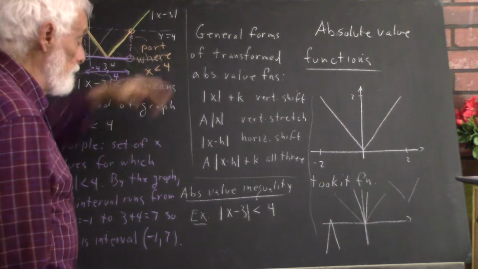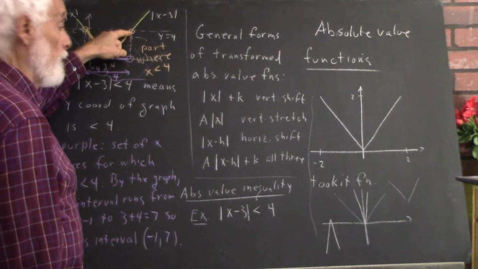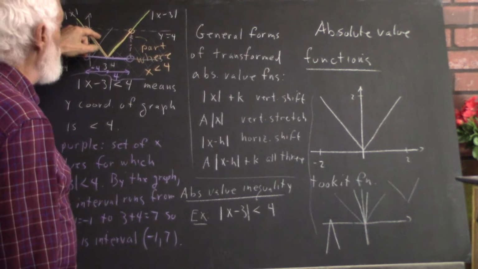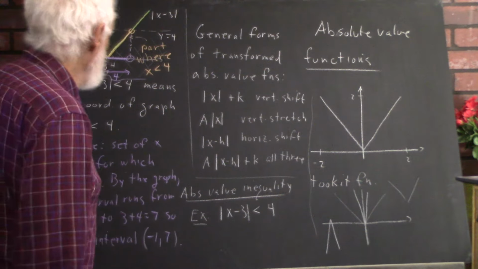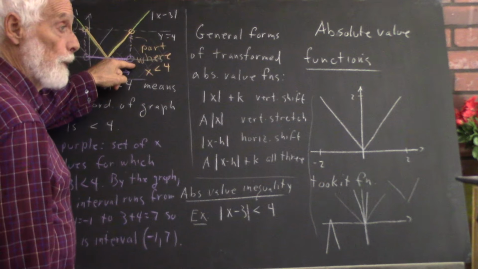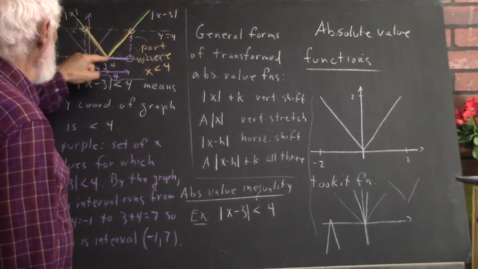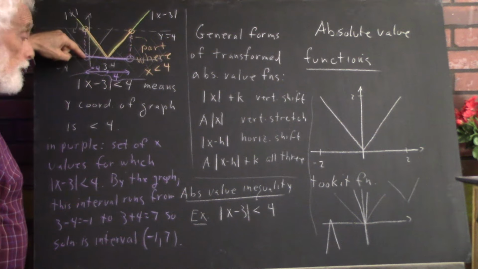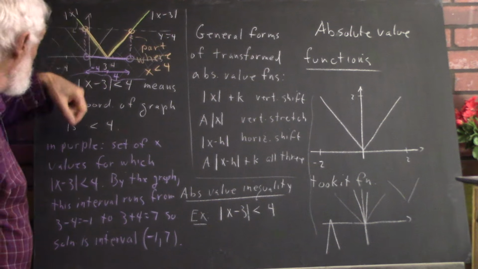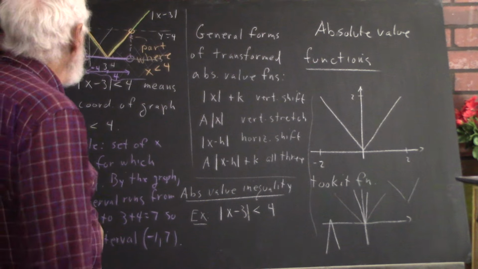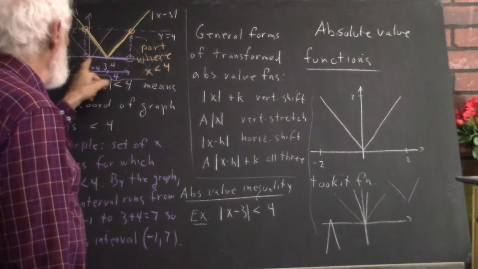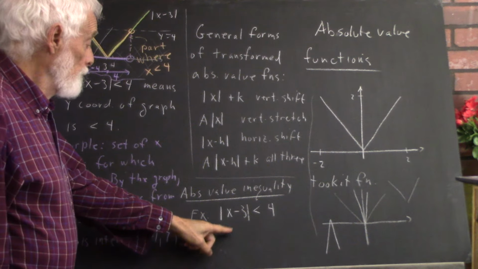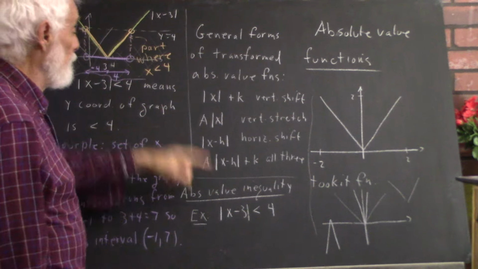The x values that correspond to those y values, in other words, the values of x that give you points where the absolute value of x minus 3 is less than 4, lie on the purple segment, which runs from the projection of this point down here to the projection of this point down here, or from this one to that one, either way. Okay? Well, that means that these x values are the x values that make this true. So those x values are the solutions of this inequality.